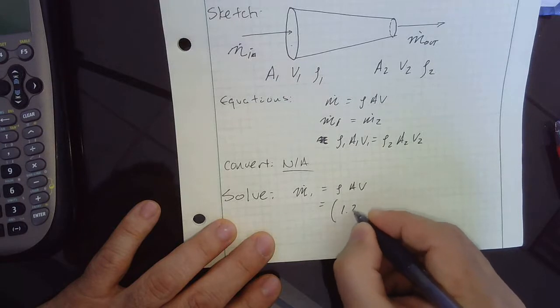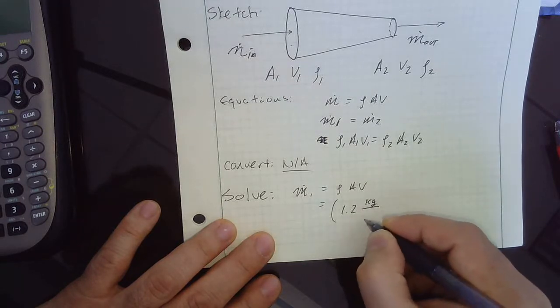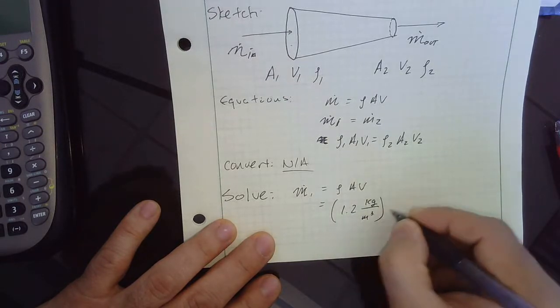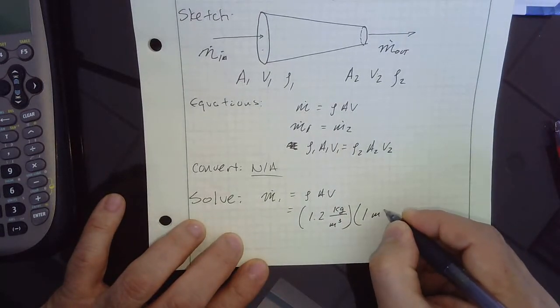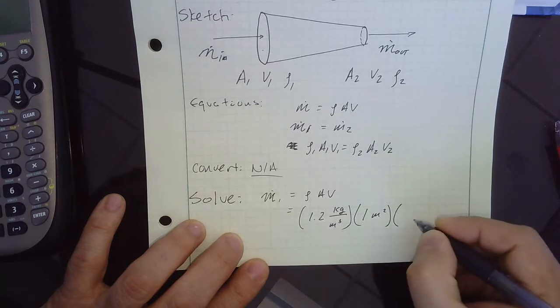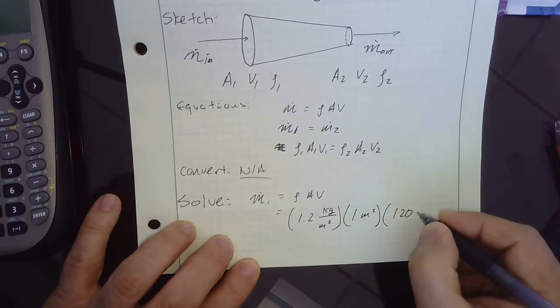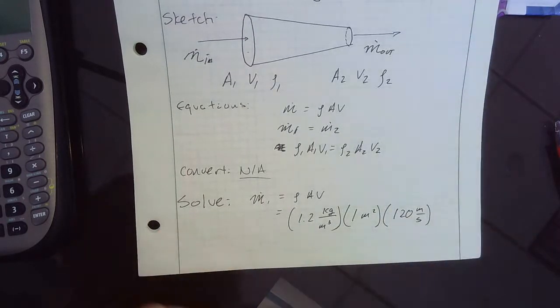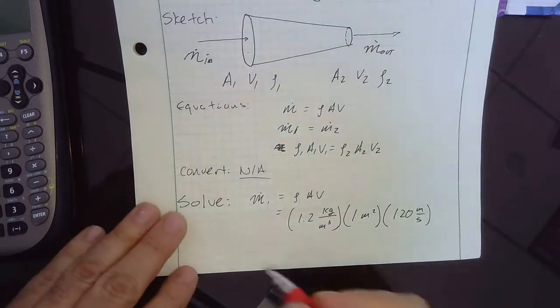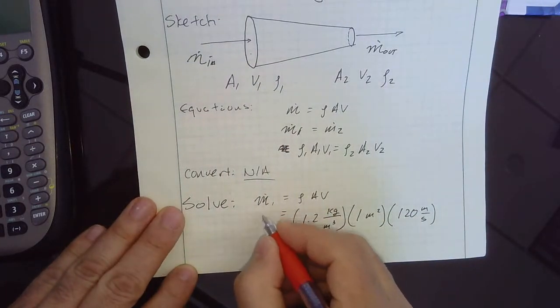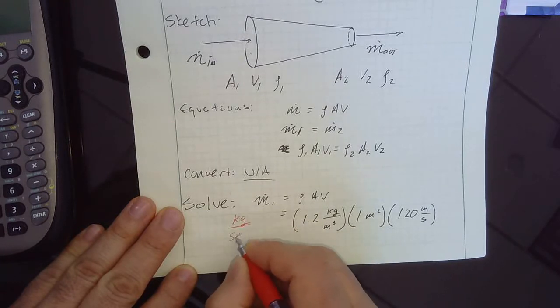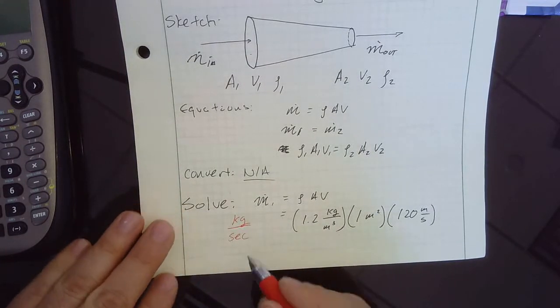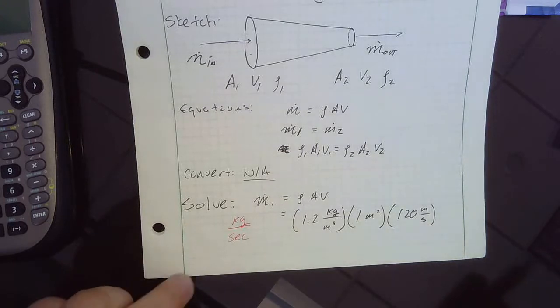So 1.2 kilograms per meter cubed times 1 meter squared times 120 meters per second. Now, what am I expecting here? What kind of units are flow rate? Well, it's mass flow rate. So it's mass, kilogram, in this case, over seconds. Kilogram over seconds, or mass per time. That's what I'm expecting out.